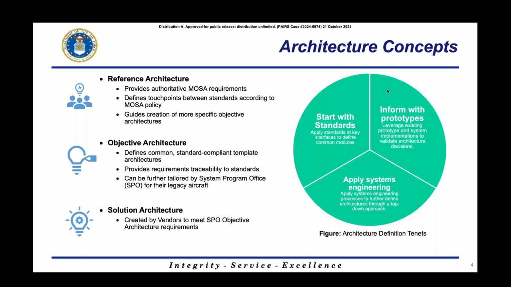That leads us into 3 different flavors of architectures. Here we list reference, objective, and solution architecture. That highlights the different levels we're trying to tackle, with reference being those top-level authoritative requirements, and then the objective being more in the weeds, with the program office tailoring as they need to, down to the actual engineer in the solution architecture side, fulfilling those requirements.